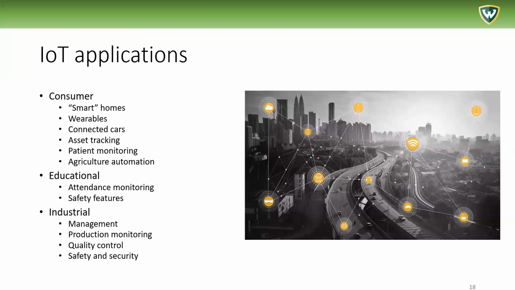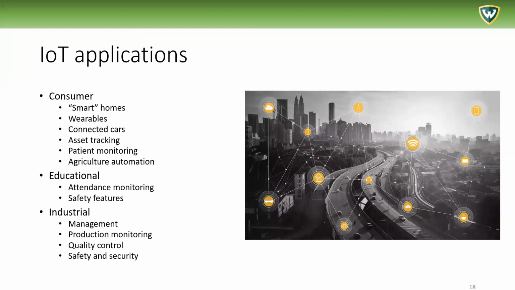IoT applications. There are all kinds of IoT applications. In the consumer area, we have so-called smart homes, homes that can respond to changes in the environment, like a thermostat that will go up and on depending on the temperature. Wearable technologies can track our behavior or respond to how we're doing.